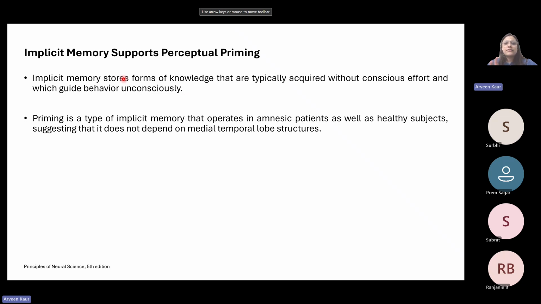So, we just studied what implicit memory was. It was a kind of memory which comes when we attain a skill, when we learn something new, for instance, if I learn how to drive or how to play a guitar. If I try to drive again or play a guitar again, that will be implicit memory coming into picture because, by default, I'll be able to do that.